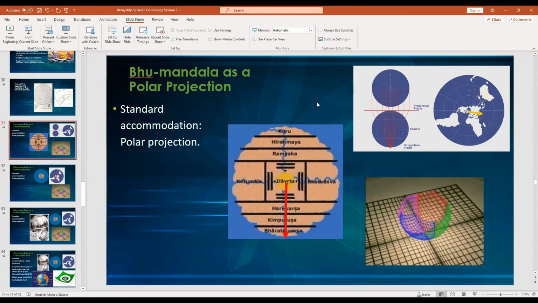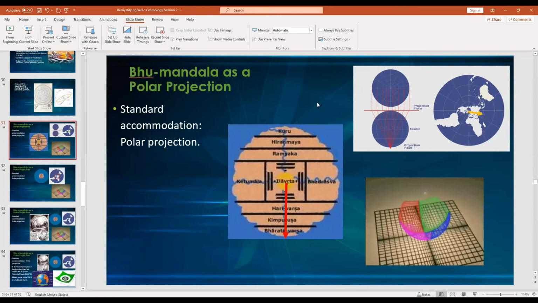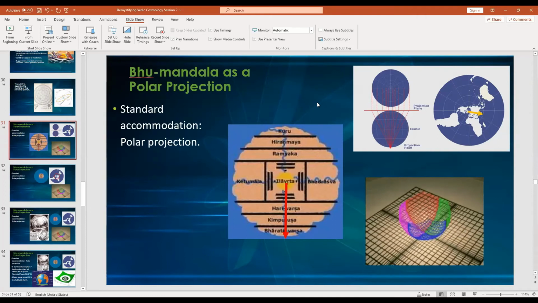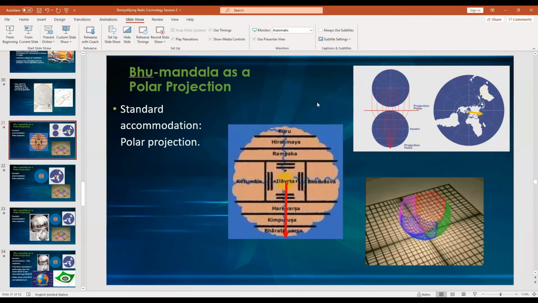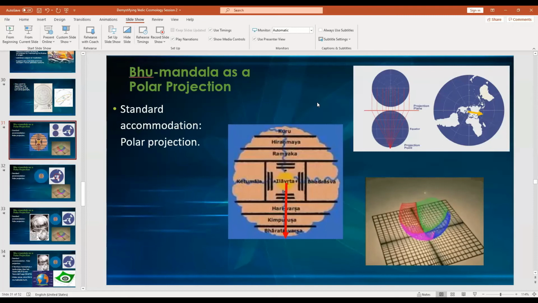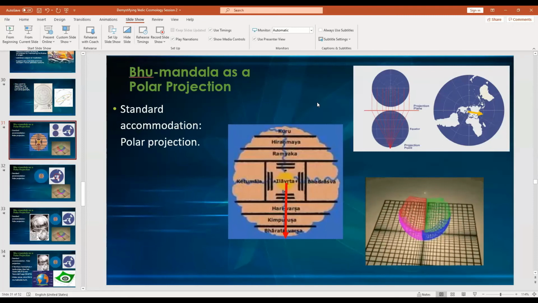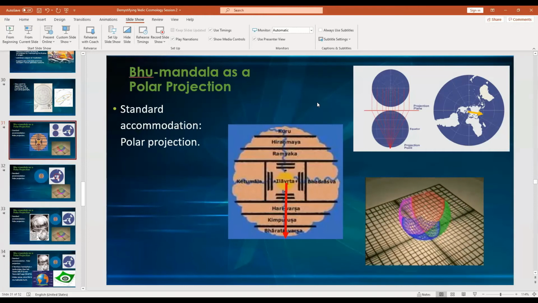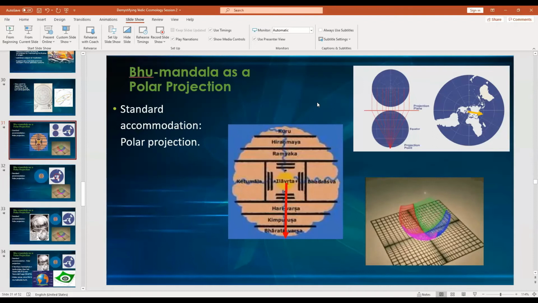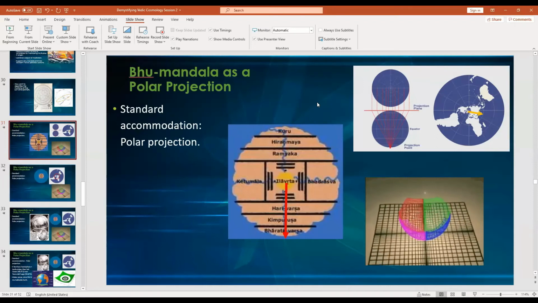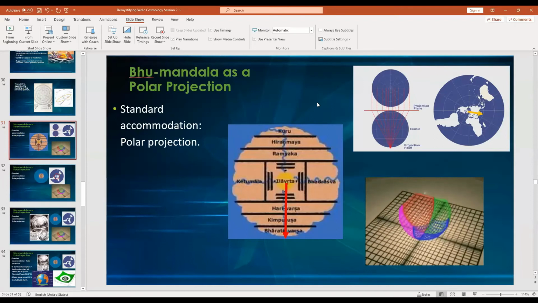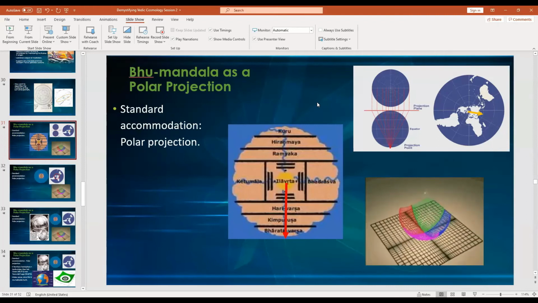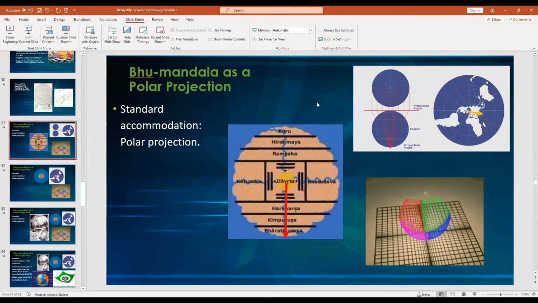Yeah, here's the thing. We're trying to make an effort here to understand what this Bhu-Mandala is at all. But we know that the sages also had a special mystic vision that would help them. That we're going to talk about in the next session, because we've been able to show how this Bhu-Mandala correlates to what we can see.